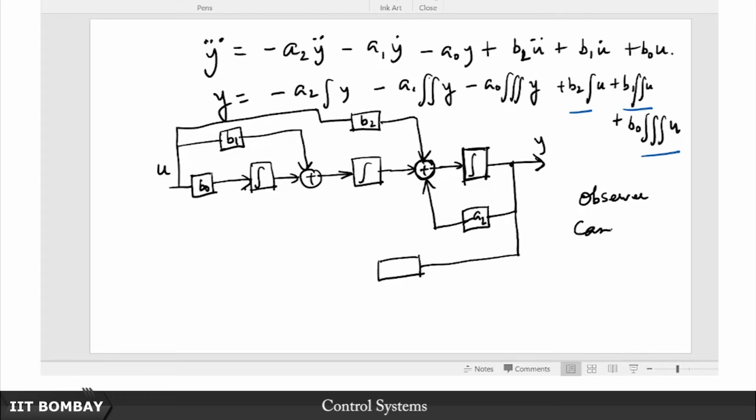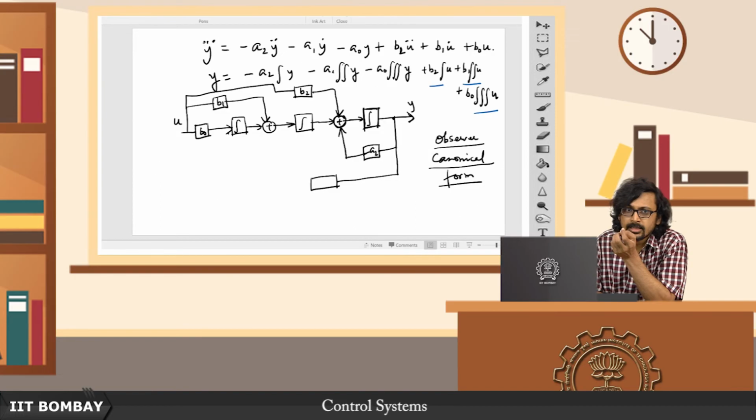Now we are going to give it a name: this is the observer canonical form, and you will see that this is always identically going to be observable. If you realize a transfer function or an ODE in the observer canonical form, it is always going to be observable. So what is this going to pass through?